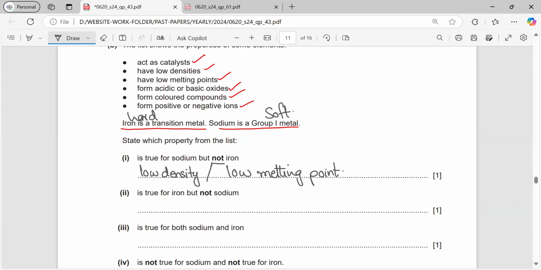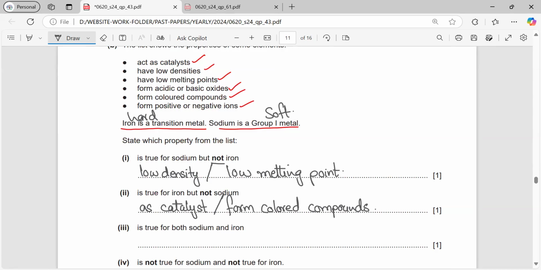Which property is true for iron but not for sodium? The property which is true for iron is that it can act as a catalyst, or we can also write that it forms colored compounds. These properties are not shown by group 1 elements.